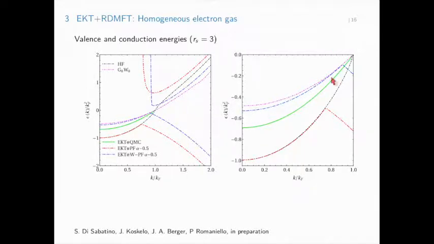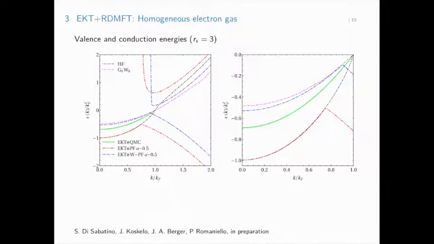So we have an improvement in this part. However, we deduce that this improvement is simply due to a compensation of error because our reference, the EKT with QMC, is here. So this difference between our results and the QMC results are due to a compensation of error. So these are the results for the valence and conduction energies.